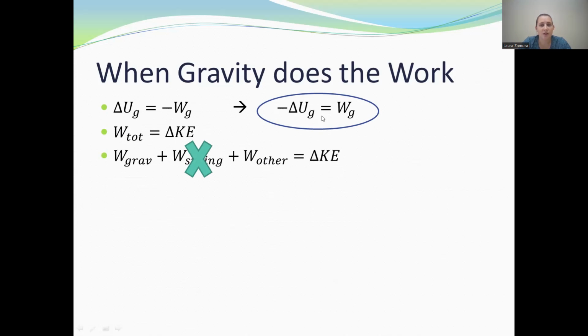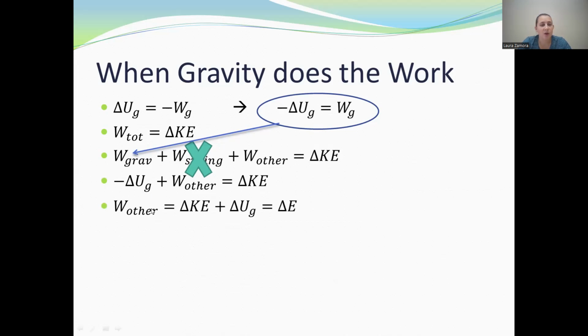Here's our work done by gravity, and it is negative change in potential energy. So plug that in there. So our negative change in gravitational potential energy plus work done by other things such as friction equals the change in kinetic energy.